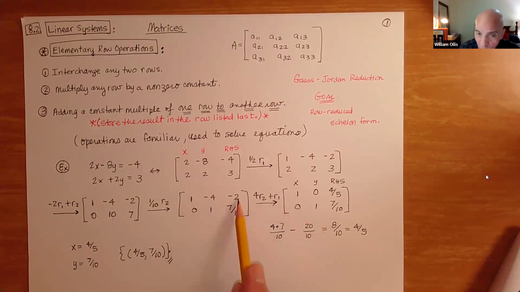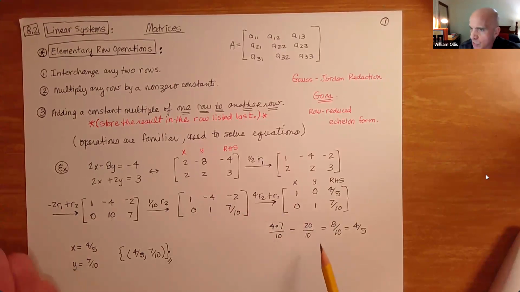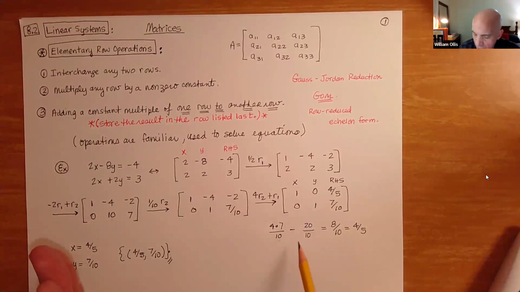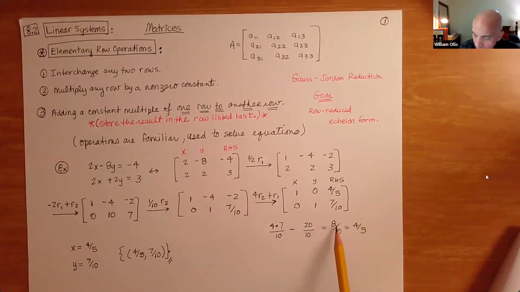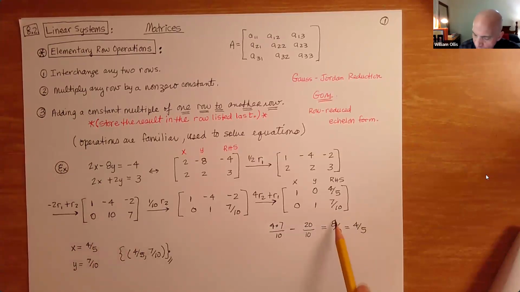So we can go ahead and write -2 with a denominator of 10 to have -20 over 10. There's many ways to do this, but since we already have the 10 here, don't bother to reduce it yet. Just go ahead and write it this way. So now, of course, we have 28 minus 20, which is 8. So we have 8 over 10. And now it's okay to reduce it. So divide by 2 in both cases. The 2's absorbed and we get 4 over 5. So now we have a 1, 0, 4 over 5.